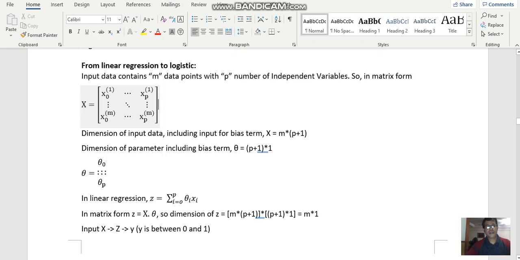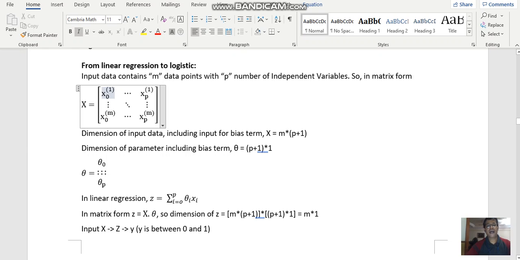I would like to add another point here: we are also including the bias term. Though the input data contains variables from x1 to xp, as we are going to have a bias term, it is indicated by x0, which will have a value of 1 for all the m data points.